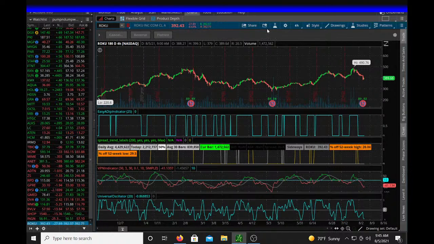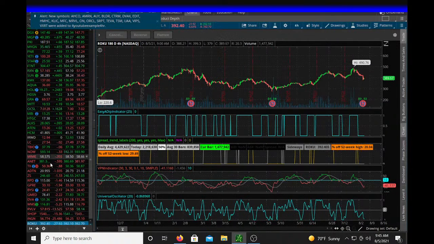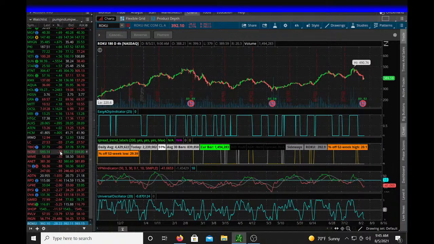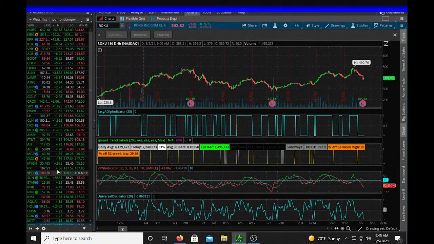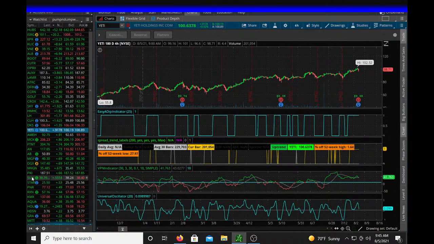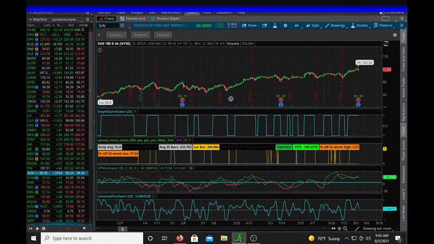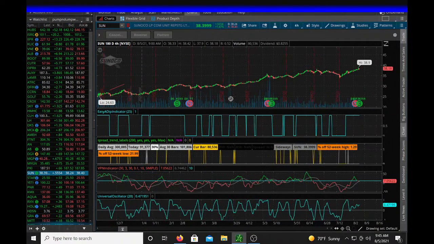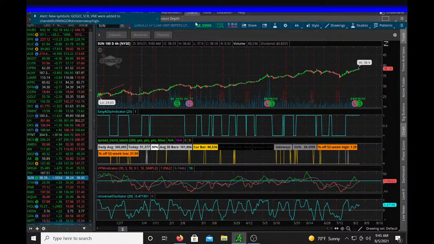They were, and now they're falling off. So make sure you check your analysis properly on these to see if these are reversing or if these are your winners. Okay, Yeti. What do we got here? Sun. Looks like many of them are pulling back in the exact same way. Sun, Noko.